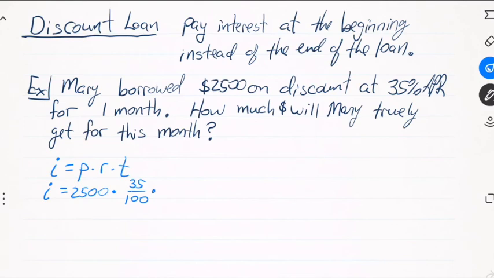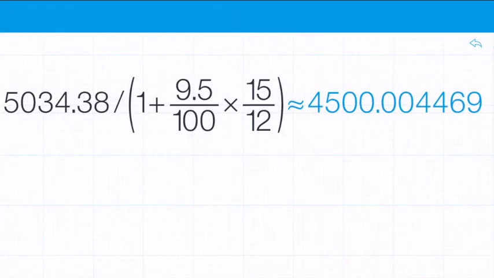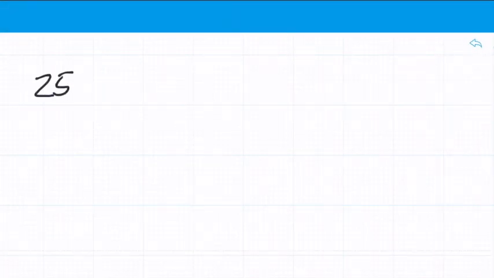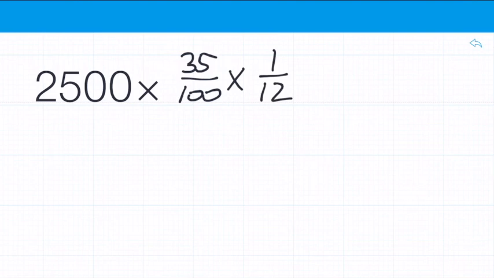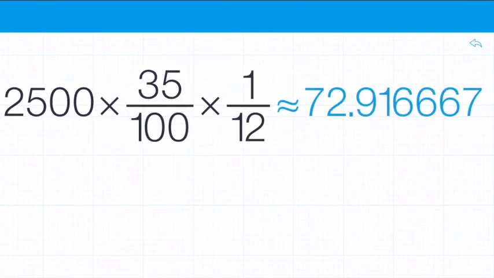Times T, which is 1 month out of a year. So 1 month out of 12 months. All right, so let's figure out what this is equal to. 2,500 times 35 out of 100 times 1 out of 12. So 72.92.